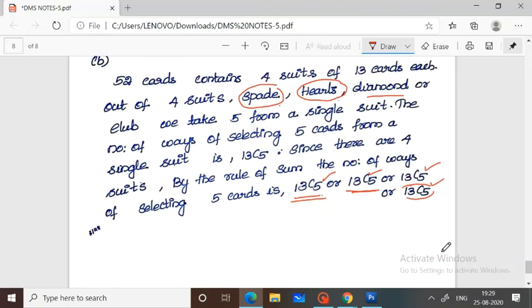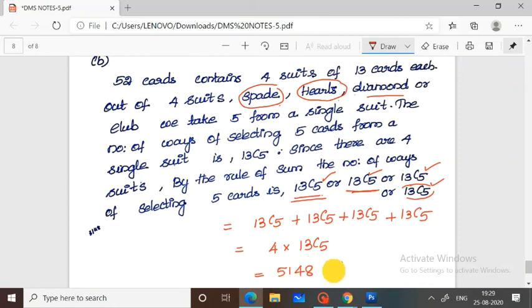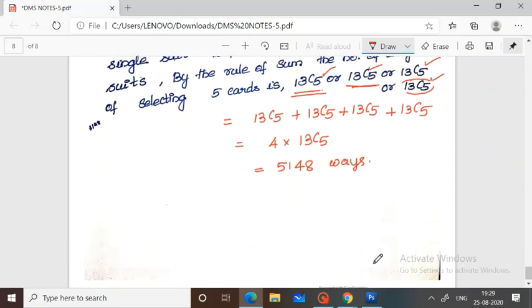Here the or symbol denotes the positive sign, that is equal to 13C5 plus 13C5 plus 13C5 plus 13C5, that is equal to, you can write in short, 4 into 13C5, that is equal to 5148 ways. Now ഇതേ ക്വസ്റ്റ്യനെ ഇനി ഒരു രീതിയിലും കൂടി എഴുതാം.